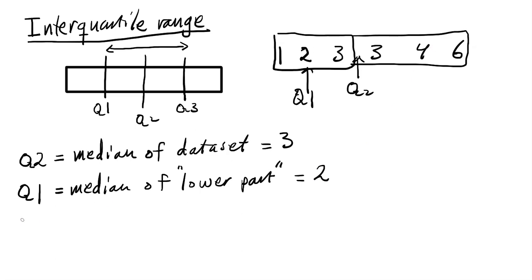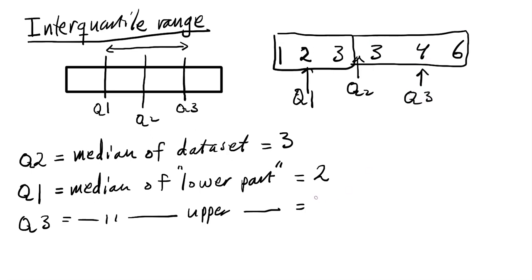And same for the third quartile. And what's the median of this? It's 4. And now the interquartile range is the distance here. So what's that?